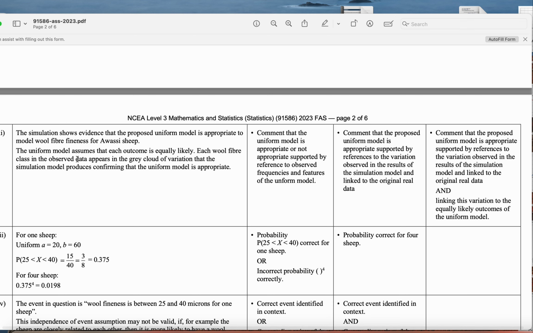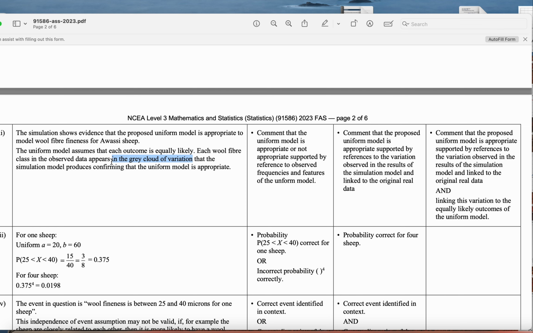Each wool fibre class in the observed data appears in the grey cloud of variation, which is almost a new bit of language for me as a teacher. So they've run the simulation, the grey cloud of variation gives a band of what is possible within those assumptions, and therefore the model is appropriate.